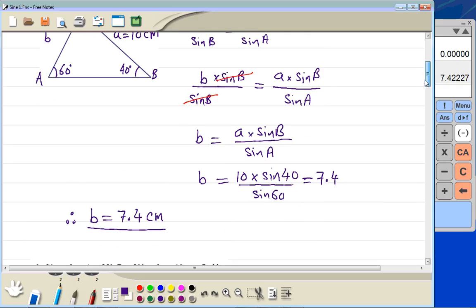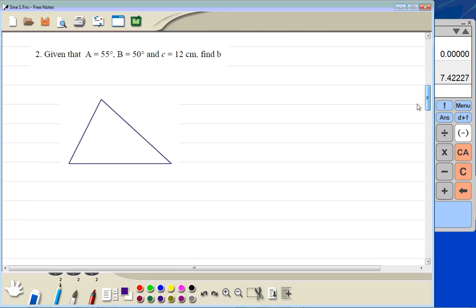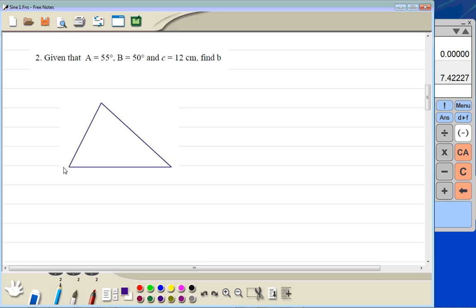Now we do example 2. Step 1, label the triangle, so we call it angle A here. This time we call the angle B there, and angle C is here. So label the side A, which is opposite to A, is here.